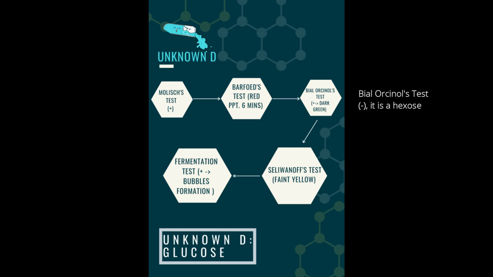Then Seliwanoff's test yielded a faint yellow, so it needs a fermentation test. It was found to be positive since bubbles were visible. Hence, unknown D is glucose.